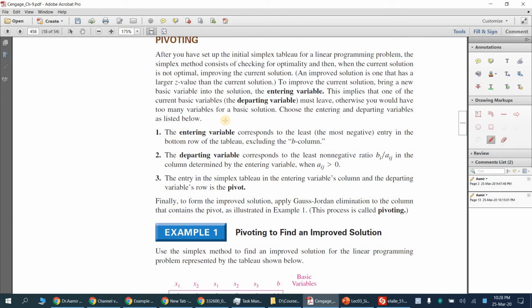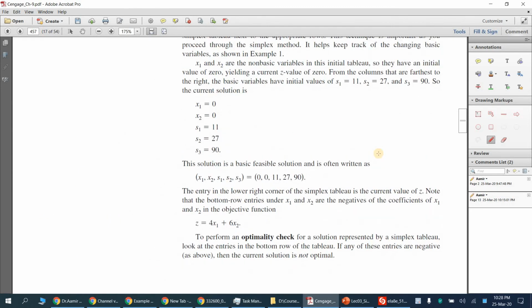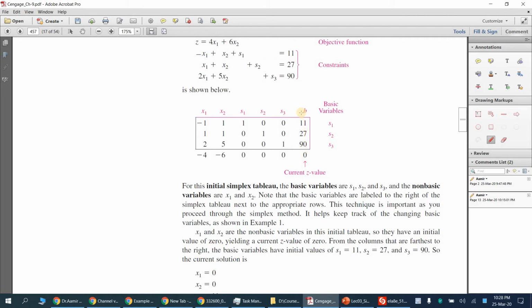When you have decided the entering variable, the departing or leaving variable is the one that corresponds to the least non-negative, meaning the smallest positive, value in the ratio of b over a, where b is your constant column. You divide column b by the entering variable column x2, that gives you the ratio.